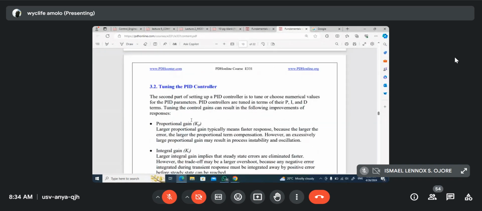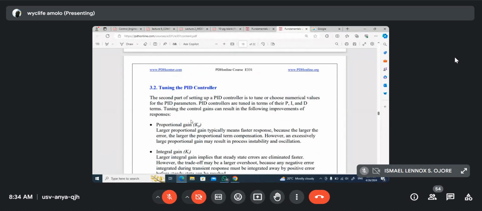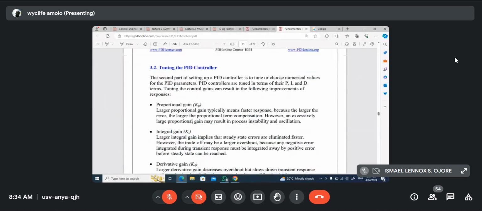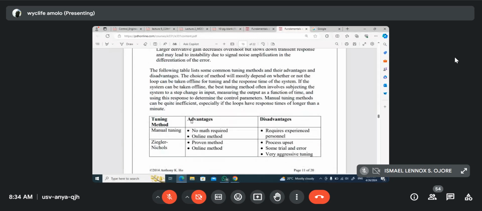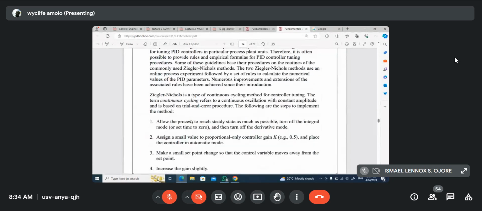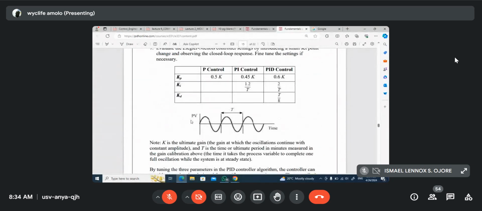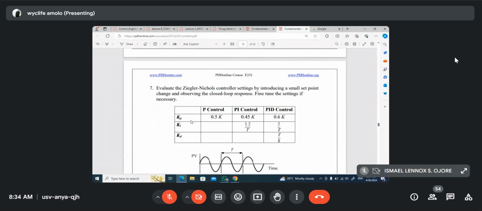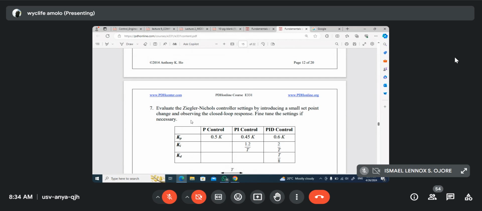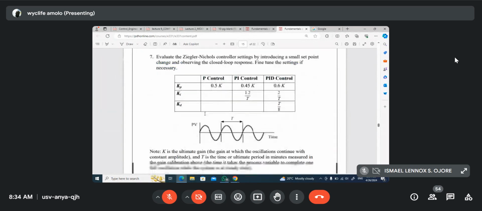So, the tuning of the PID controller. I think the rest I will just give you to read on your own, because this one is now going to the Ziegler-Nichols chart.